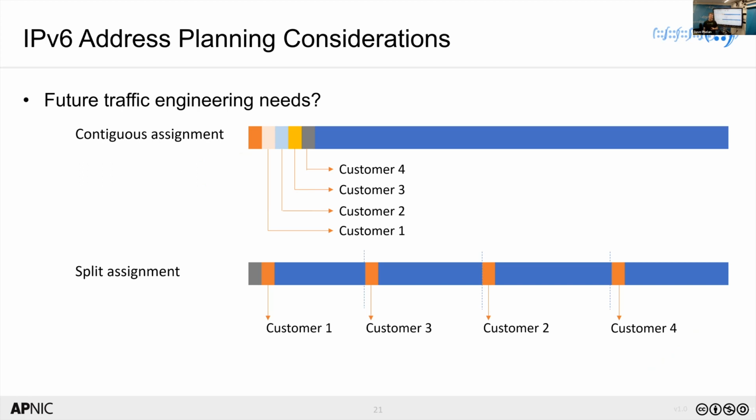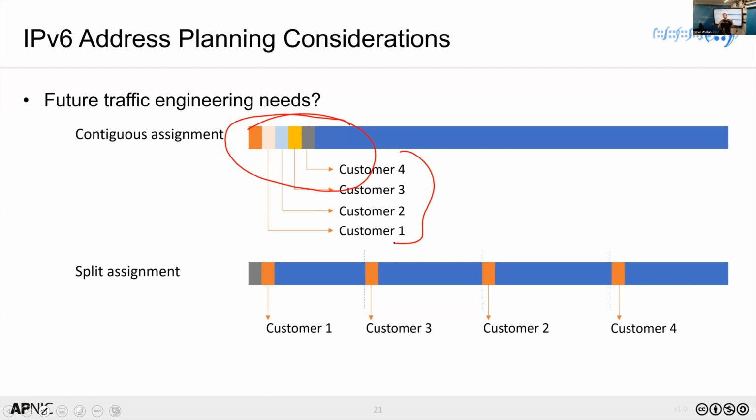So also, when we're planning out our space, think about future traffic engineering requirements. If you do this sort of assignment where you assign all of your addressing out of your front blocks, think about what's going to happen if you have a second upstream later on, or you might want to put internet tails direct out of one place rather than centralizing it.